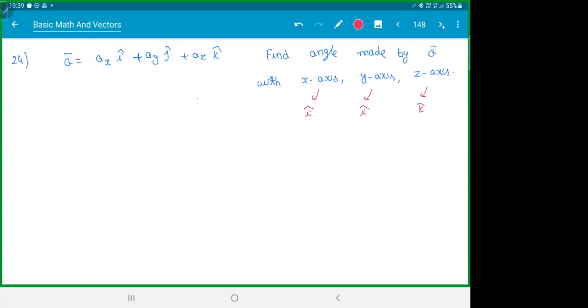If you want the angle with the x-axis, you can take any vector on the x-axis, even a unit vector. So this is the formula: cos alpha will be a bar dot i cap by mod a mod i cap. This will be ax by root over ax square plus ay square plus az square. So alpha is the angle between a bar and the x-axis.